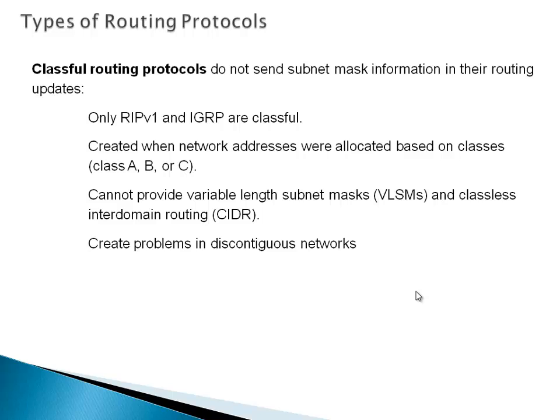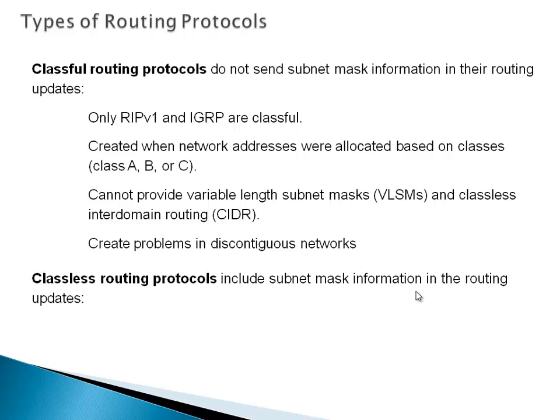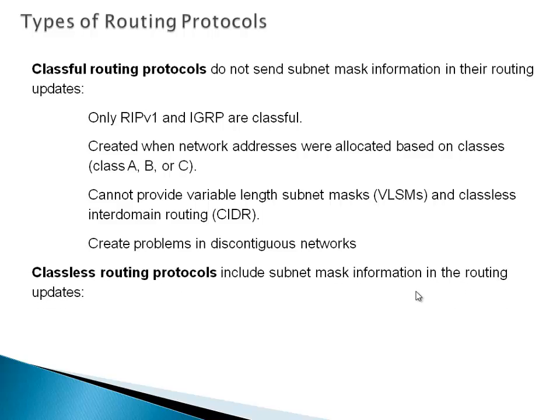Now the third router will not see two separate networks, it will see one identical network, and it will do load balancing, and that will cause a problem in a discontiguous network. A classless routing protocol includes subnet mask information in the routing updates. The newer protocols, RIP version 2, EIGRP, OSPF, and ISIS, support classless routing.